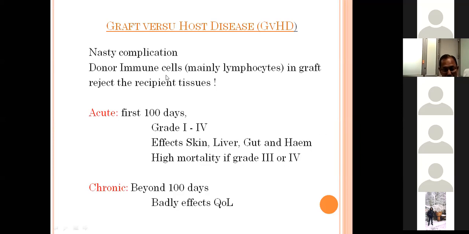Why does it happen? It happens because donor immune cells, which means lymphocytes, in the graft reject the recipient tissue.